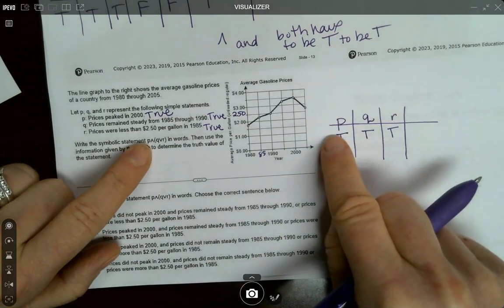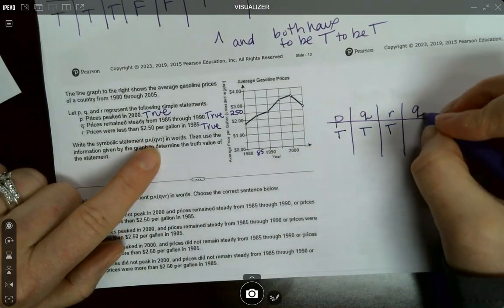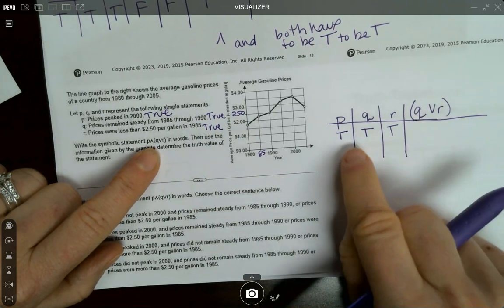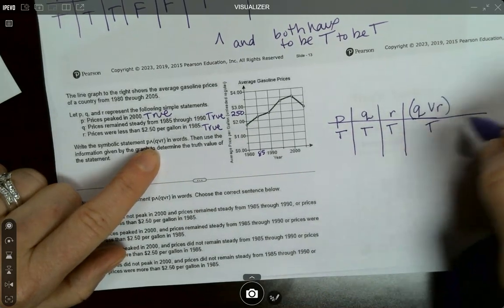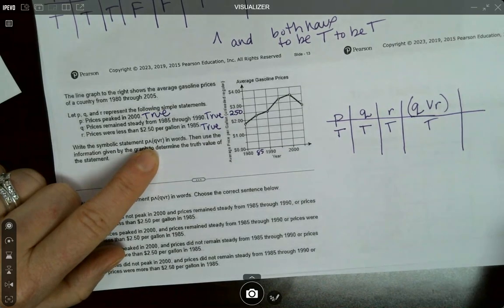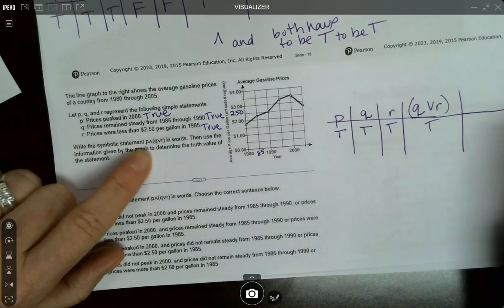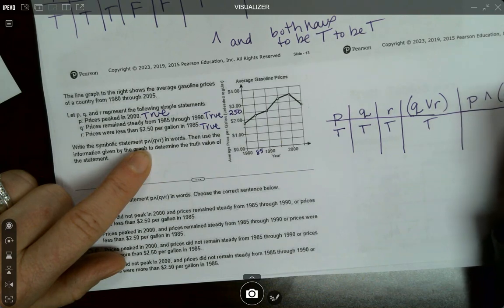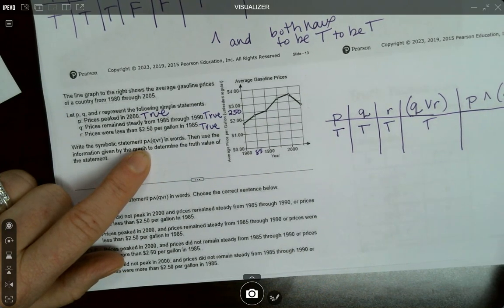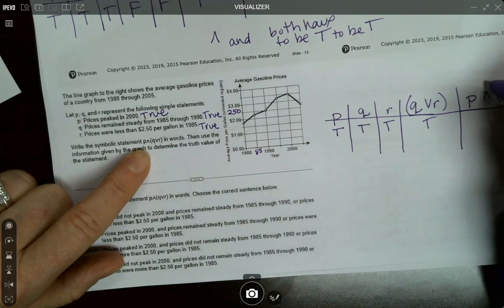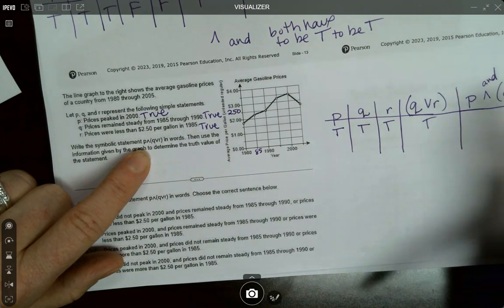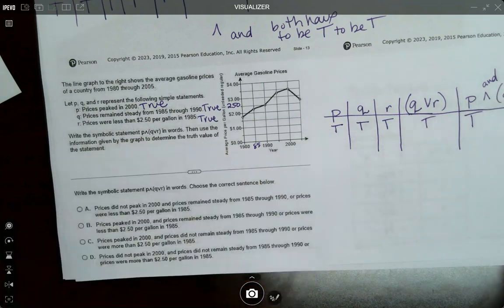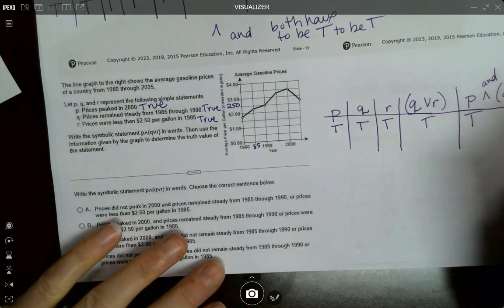We already have P, so we need to do Q or R. Well, Q or R, they're both true, so it's true. Then we would need to do the entire thing. In order for an and statement to be true, they both have to be true. So P is true and Q or R is true. So this is true. So the statement is true.